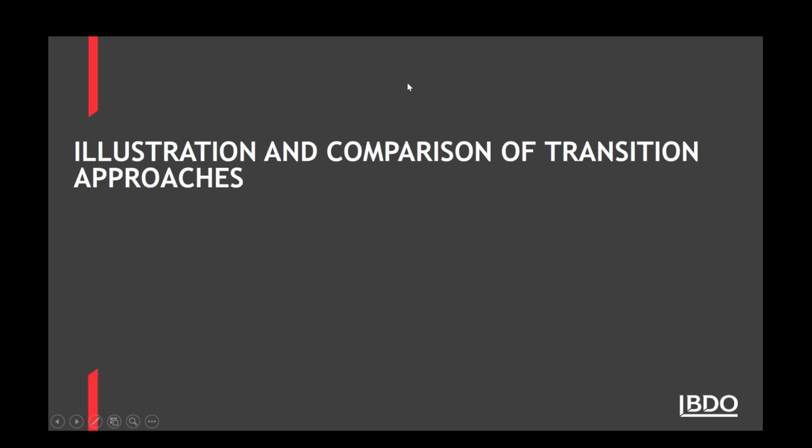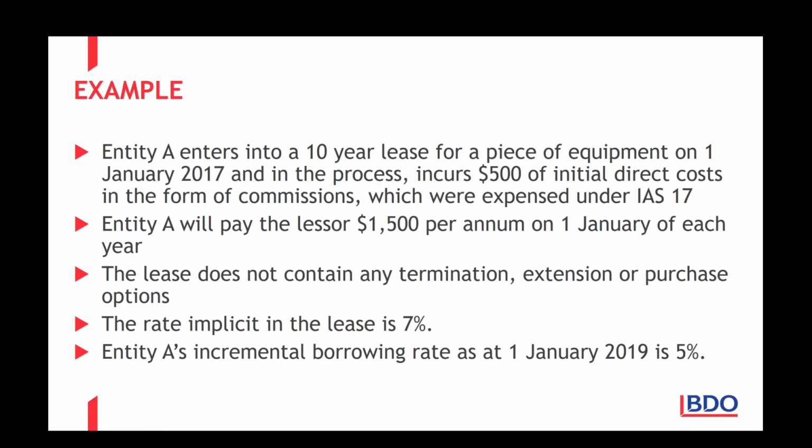So in my example, I've said entity A enters into a 10-year lease for a piece of equipment on 1 January 2017, and in the process incurs $500 of initial direct costs in the form of commissions, which were expensed under IAS 17. So under the existing standard, we would have expensed it.